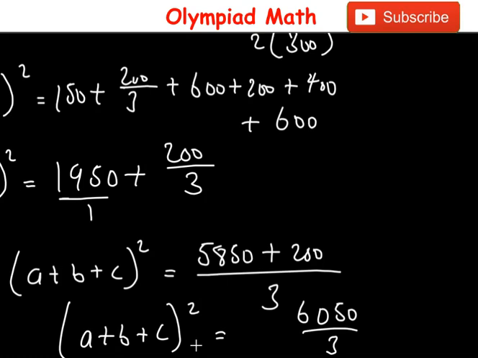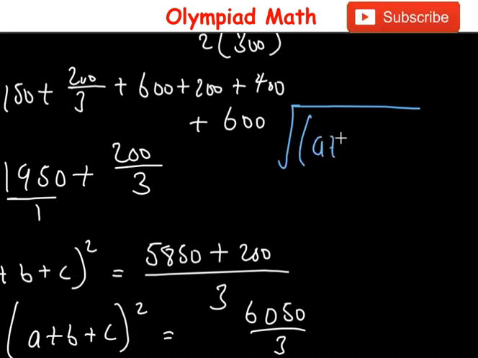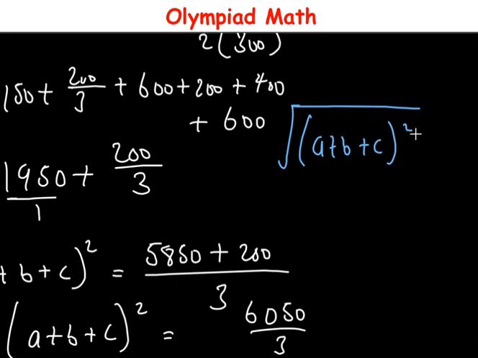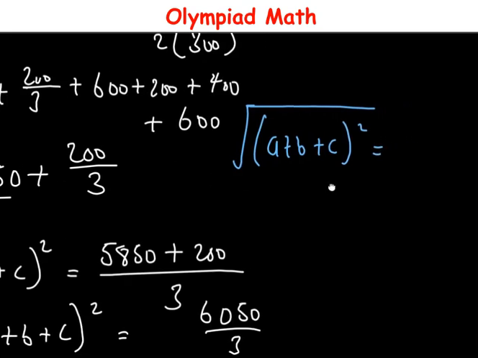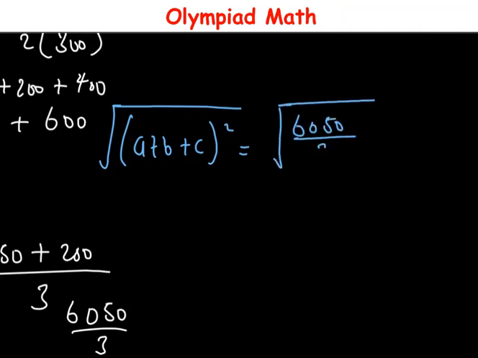From here, the next thing we're going to do is to remove the square, and to do so, square root the equation. So we have the square root of A plus B plus C all squared, and this equals, for the right hand side, the square root of 6050 over 3. So the square root cancels out the square.